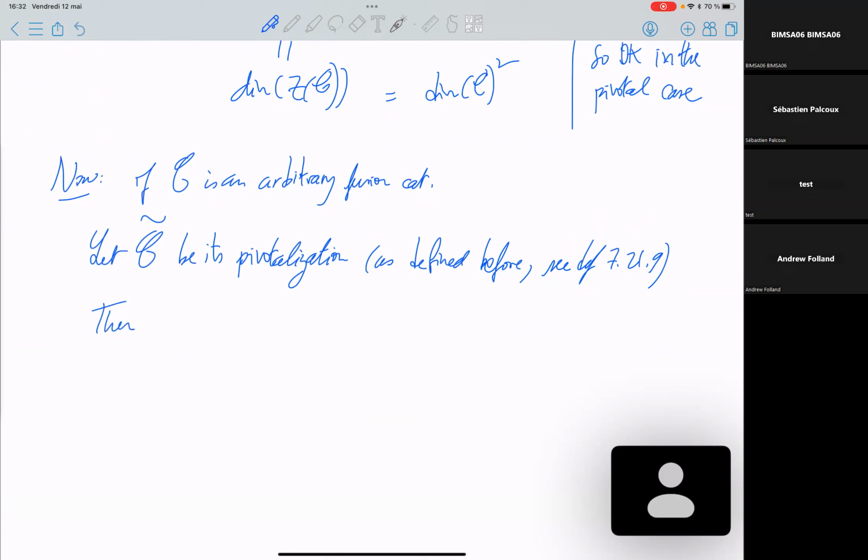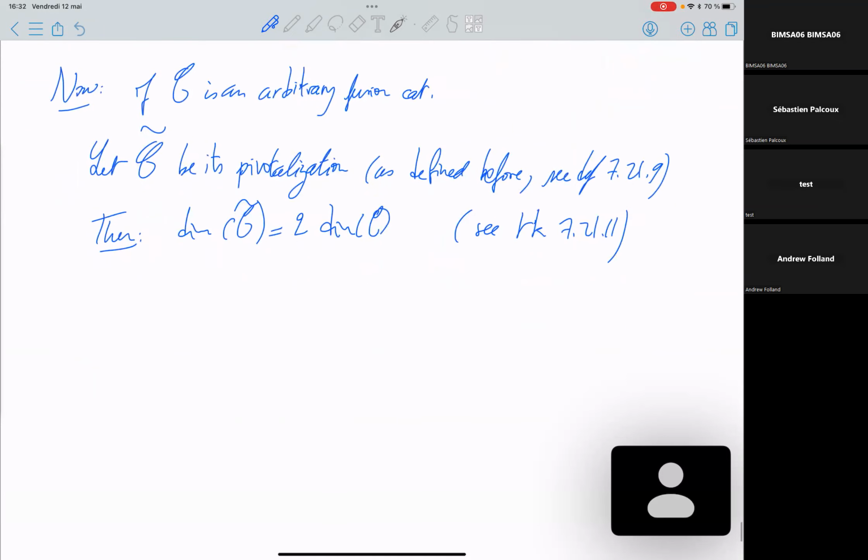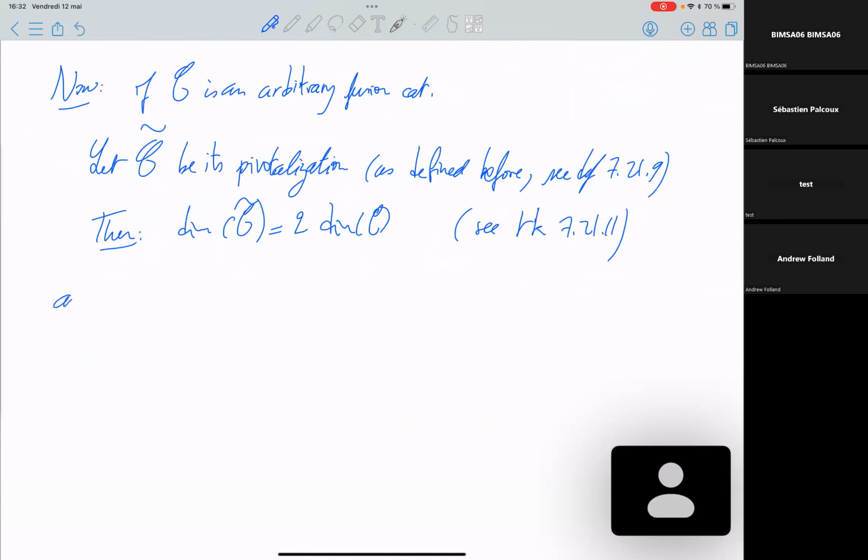Then the dimension of the pivotalization is just the double of the dimension of C. And by Remark 7.21.11, C is a C2 equivariantization, where C2 is a cyclic group of order 2.